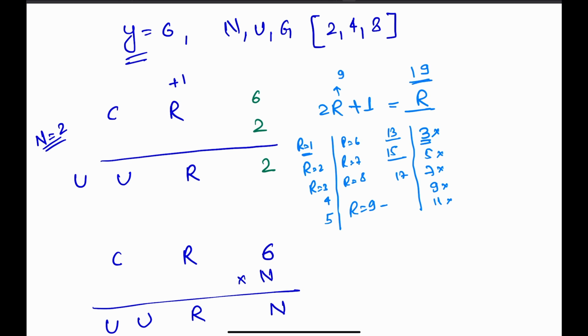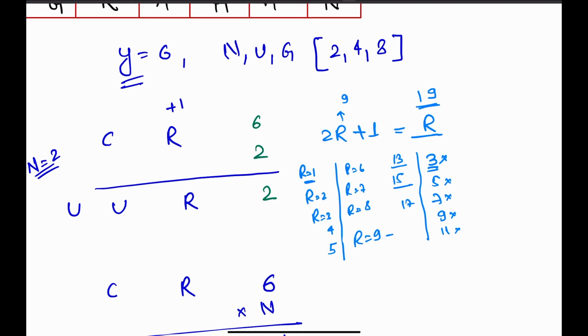So what I will say is that in this case my r has to be 9. So if r is 9, what is happening? 9 twos are 18 plus 1, 19. So plus 1 carry over here. So 2 into what? That I will get 11.